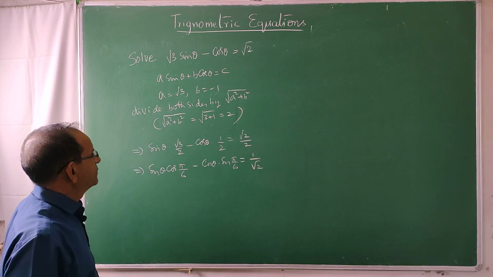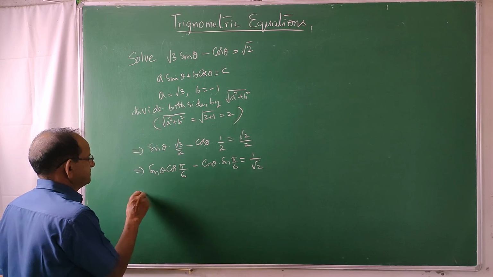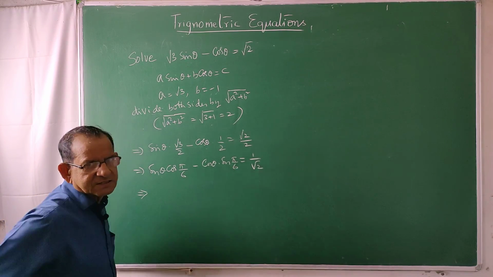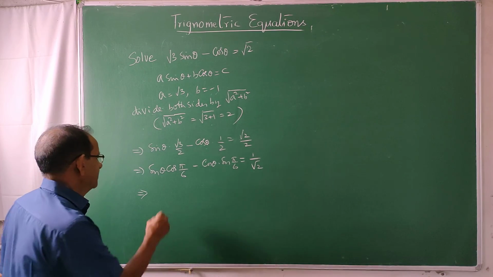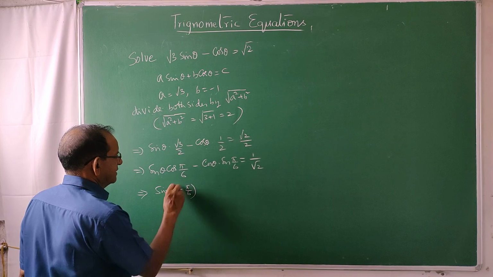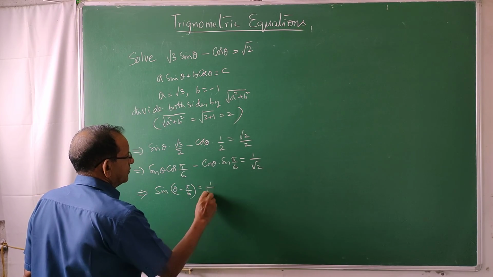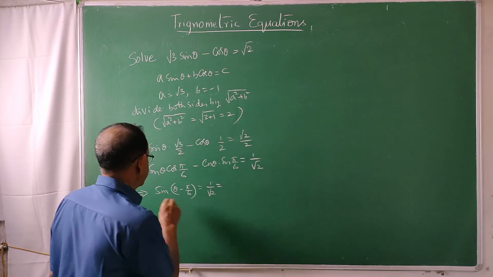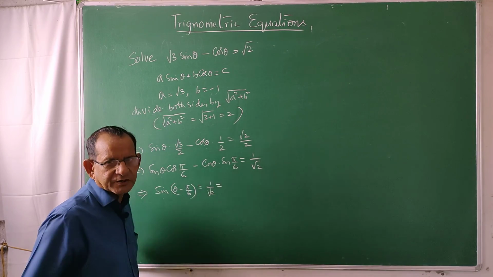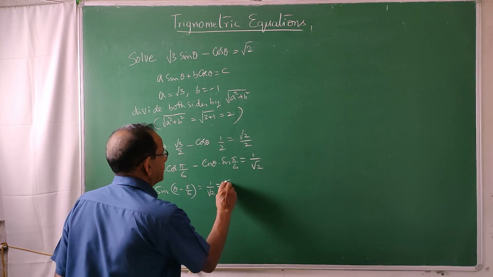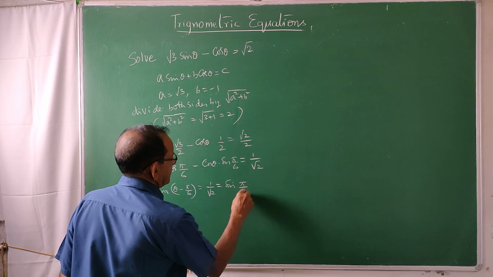Now, this is sin A cos B minus cos A sin B, that is sin A minus B. That implies sin theta minus pi by 6 is equal to 1 by root 2. You can write it as sin 45, that is sin pi by 4.